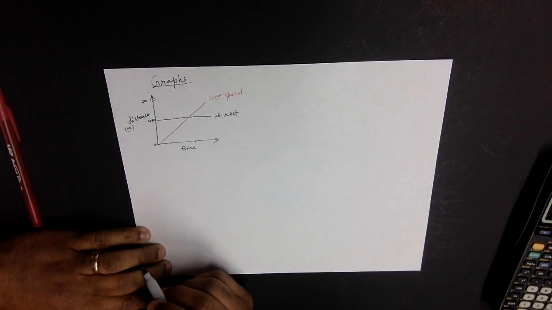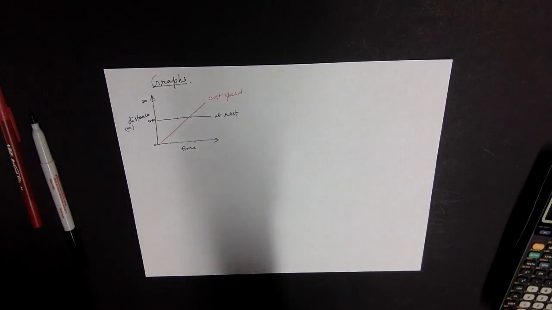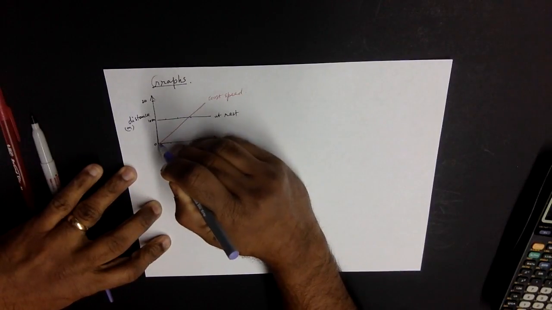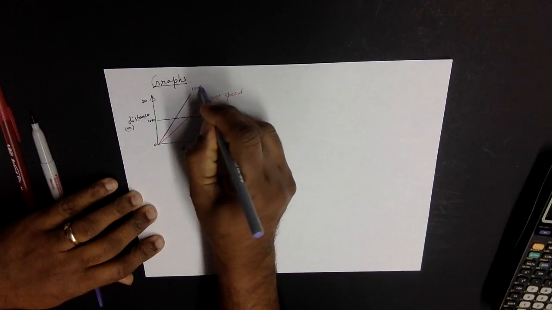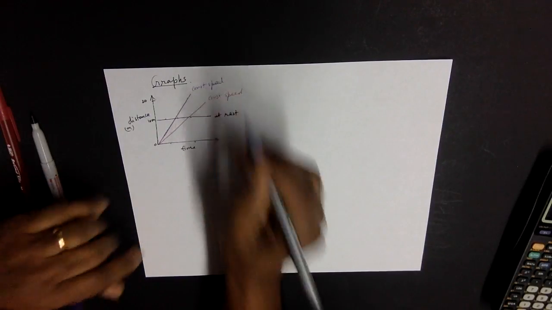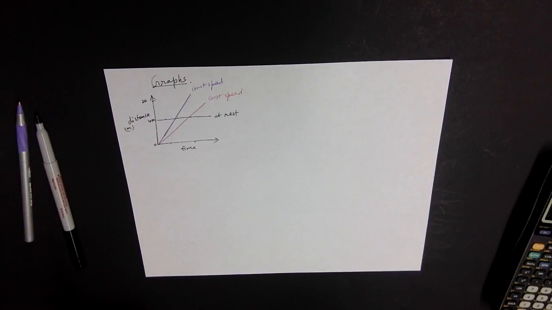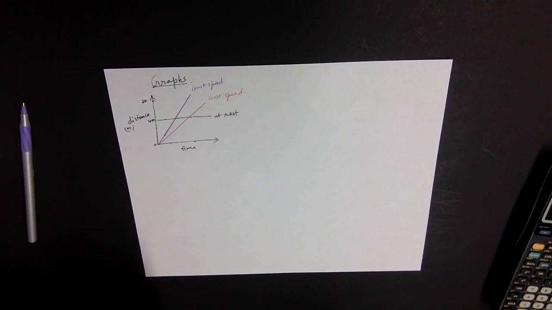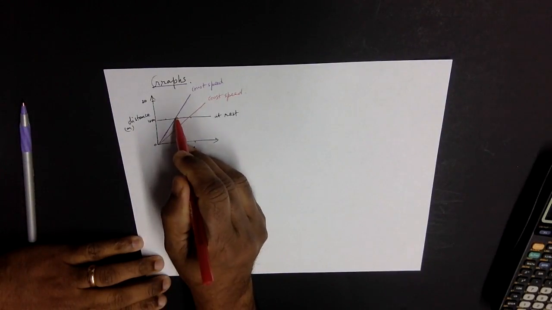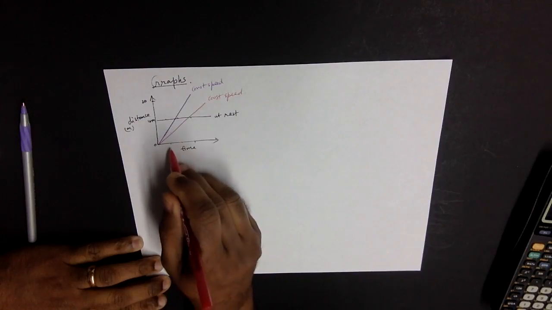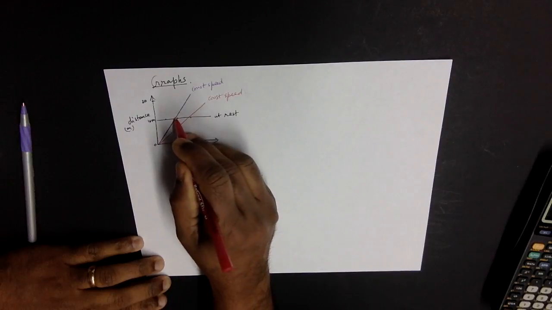That's constant speed. Now what is the difference between this constant speed and this constant speed? The difference between the two is that over here in 2 seconds you're reaching 10 meters, whereas over here in 3 seconds you're reaching 10 meters, which means this is faster.